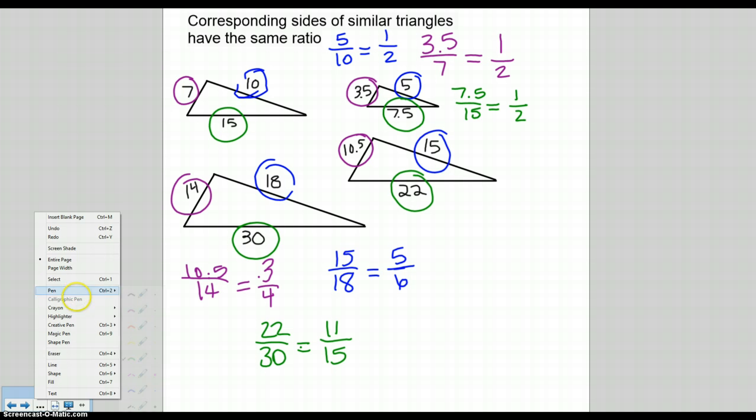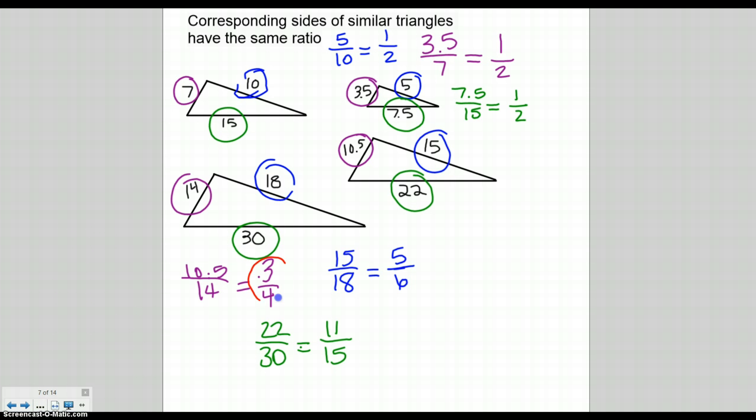So now we've said, okay, all of these sides, we have 3 over 4, we have 5 over 6, and we have 11 over 15. So that tells us these two triangles are not similar to each other because the sides don't have the same ratio. All three sides corresponding to three sides of another triangle have to be the same ratio.